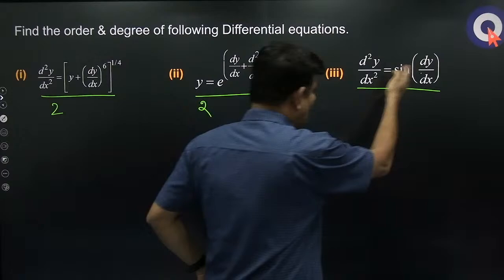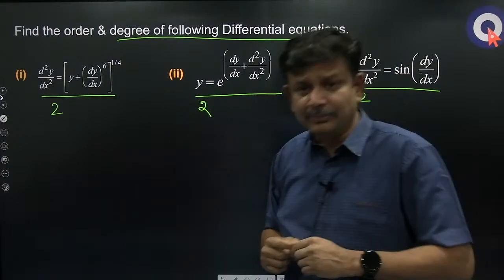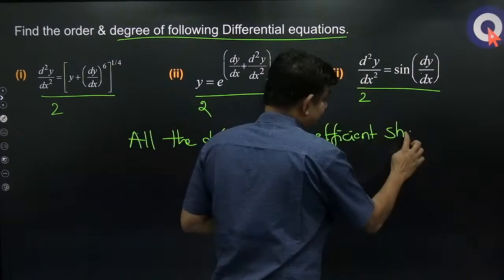Now we have to come to degree of differential equations. Degree of differential equations comes into picture only when all the differential coefficients, remember all the differential coefficients, should be expressed in a polynomial form.